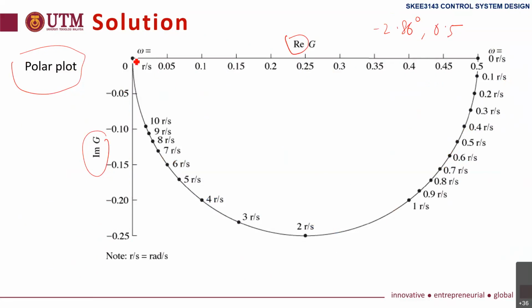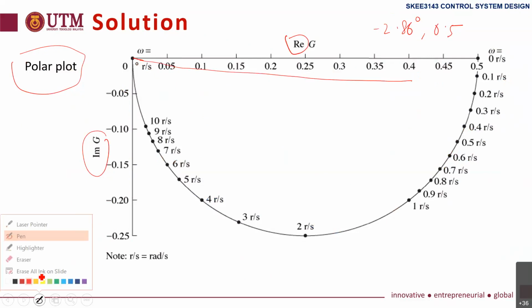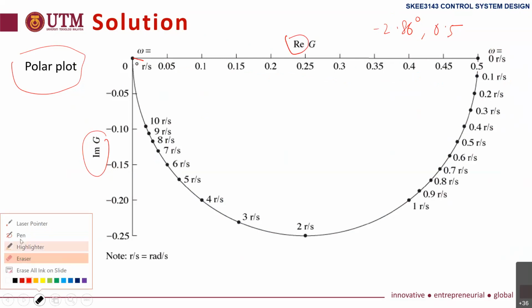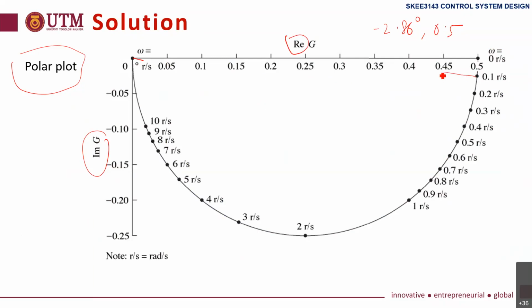We take minus 2.86 degrees, below the real axis, so it becomes minus, and the magnitude here is 0.5.